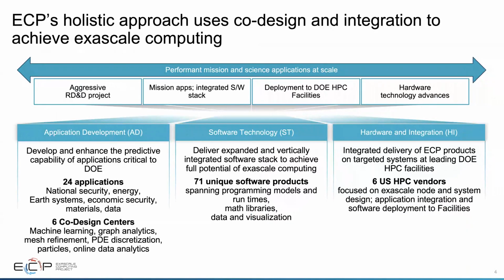In ECP, we have three different areas: the application development, software technology, and hardware and integration. And our goal is to create scientific applications that scale well, deploy the tools to the DOE HPC facilities, and create an integrated software stack.